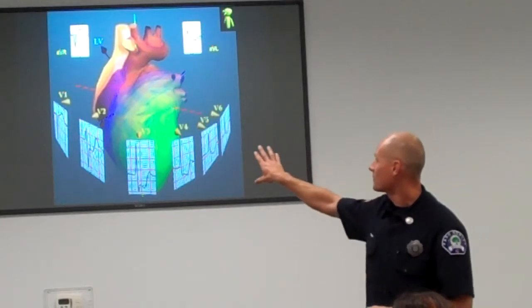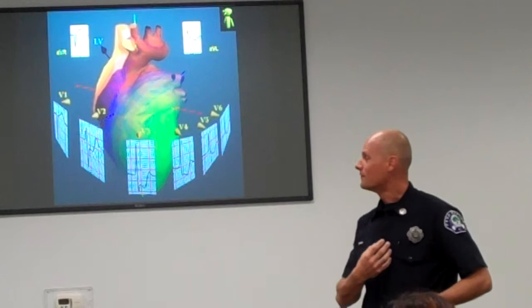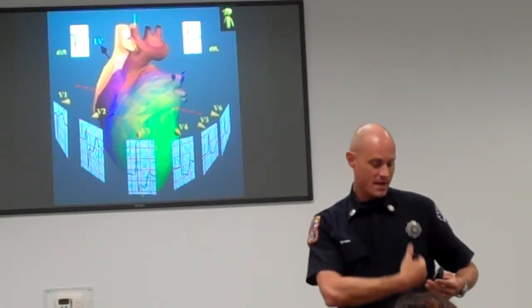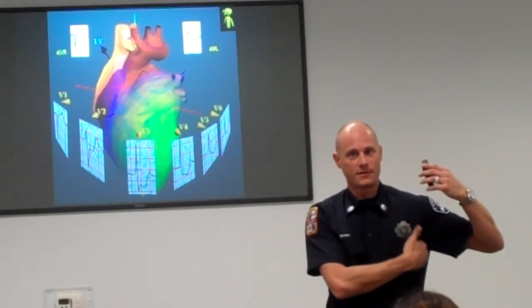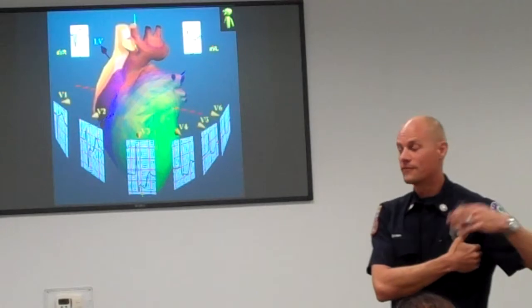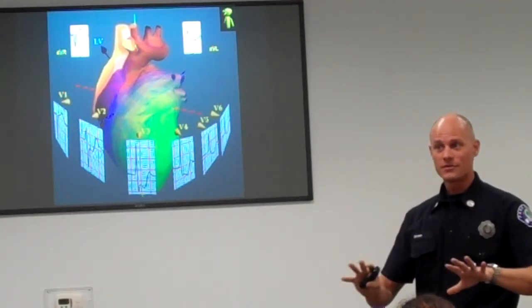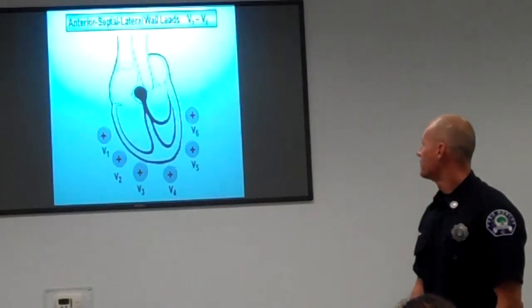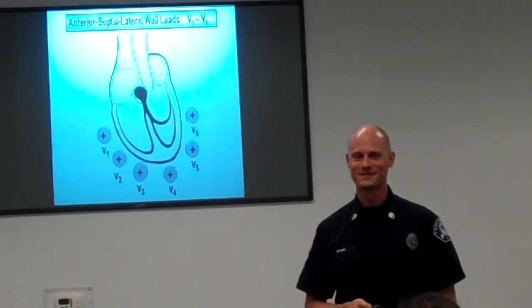When we look at V1 and V2, we're mostly looking at the right side of the heart. V3 and 4 is the anterior, the front part of the heart, right in the middle. And then V5 and 6, we're looking at the more lateral side on the left ventricle. So again, make sure the people you're working with are properly placing it. It is harder said than done.